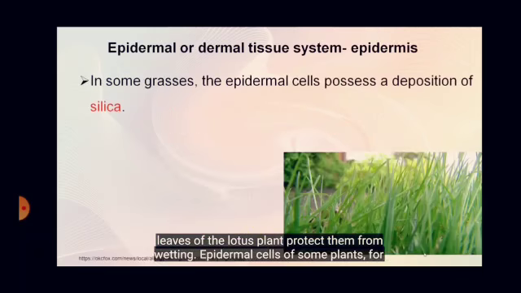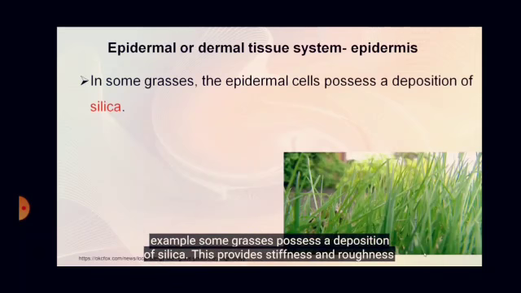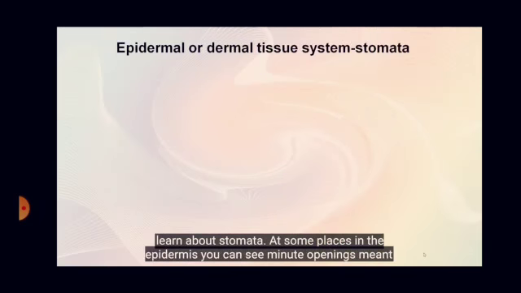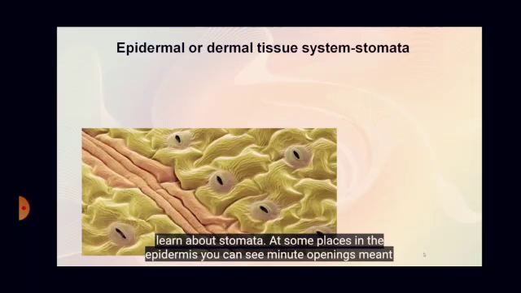Epidermal cells of some plants, for example some grasses, possess a deposition of silica. This provides stiffness and roughness to the plant parts. This makes them protective against grazing by herbivores. Now let's learn about stomata. At some places in the epidermis, you can see minute openings or gaseous exchange pores.